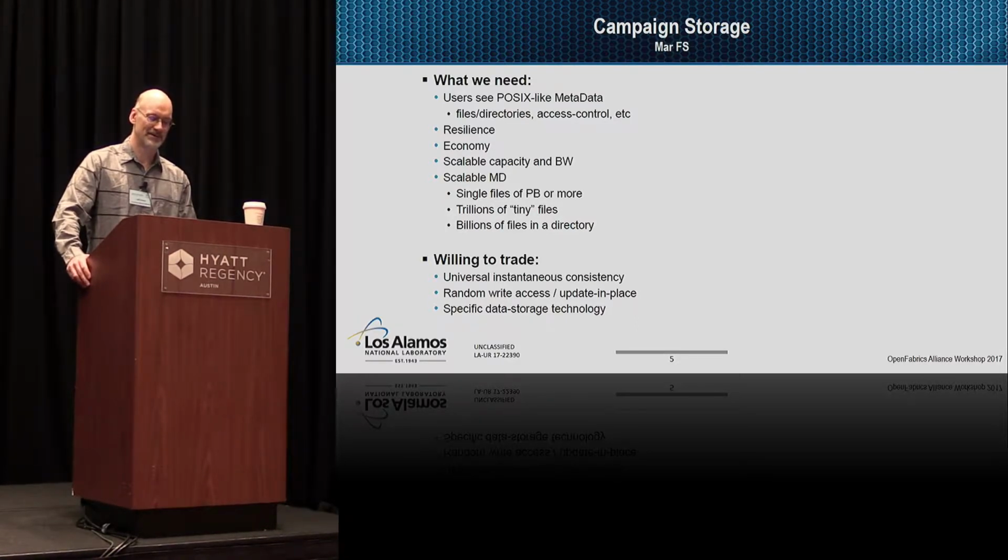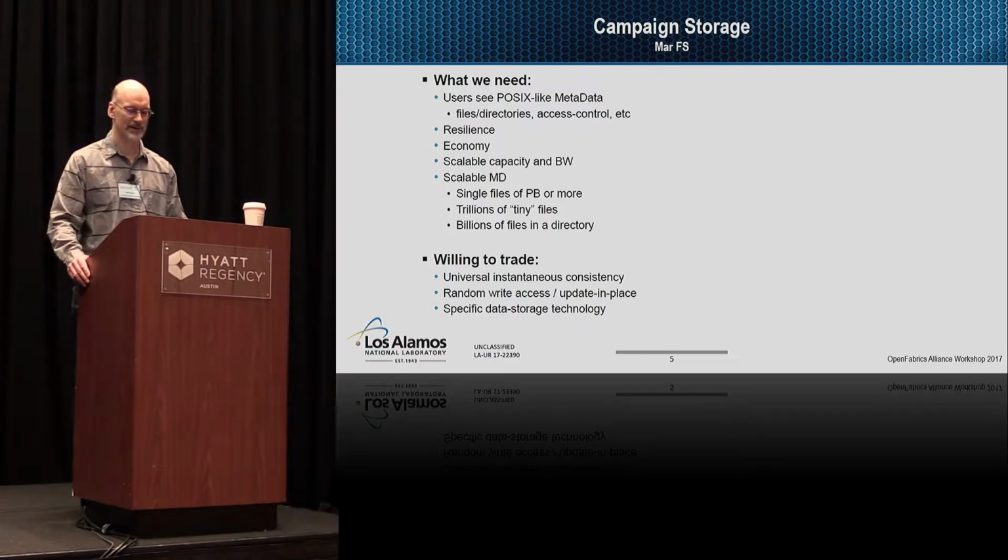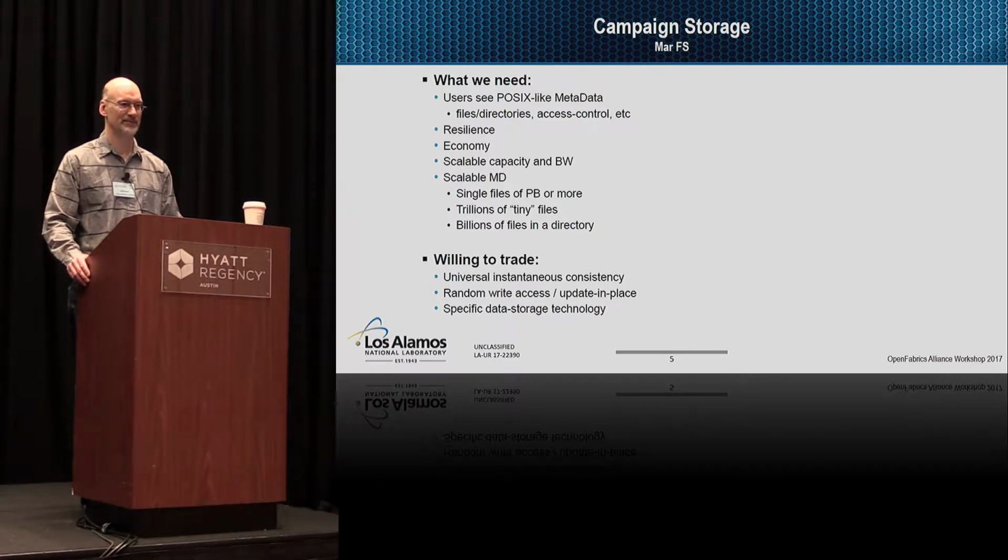With the size of memory on these machines, we won't be surprised to see petabyte-size files before long, and/or trillions of tiny files, billions of files in a directory. So all of those are not far away, and we're willing to trade away things like random write access and update in place. We don't actually need those things for our storage hierarchy.